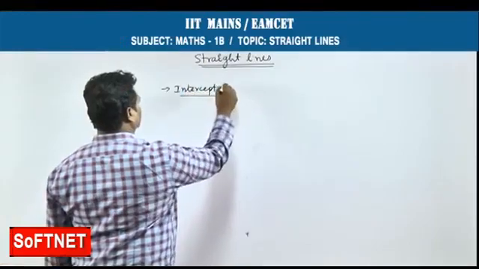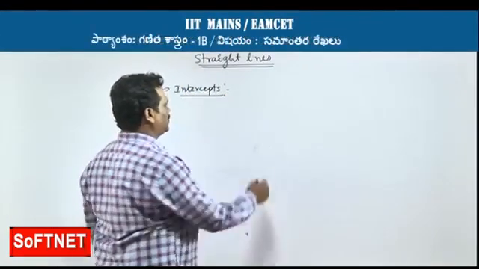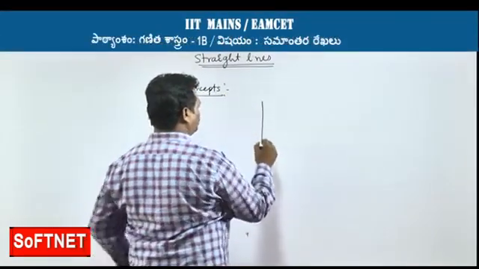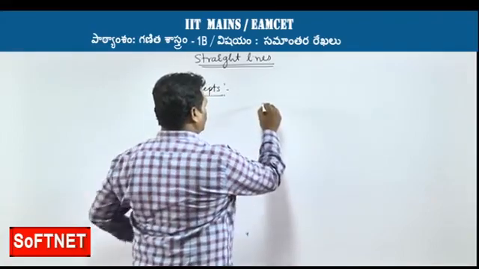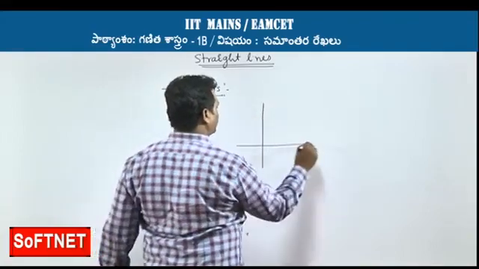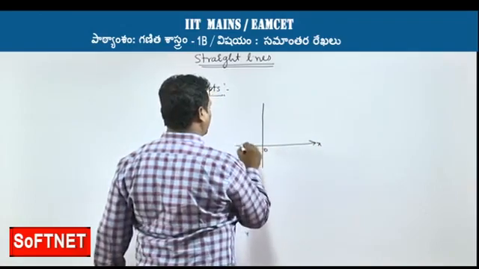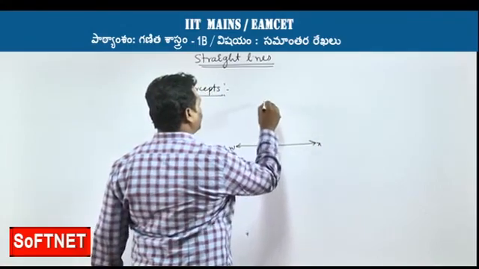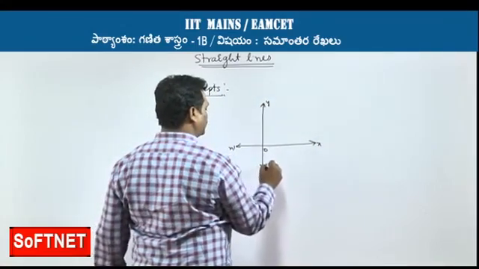So your next definition is intercepts. Here this is the x axis and this is the y axis, XOX dash and YOY dash.